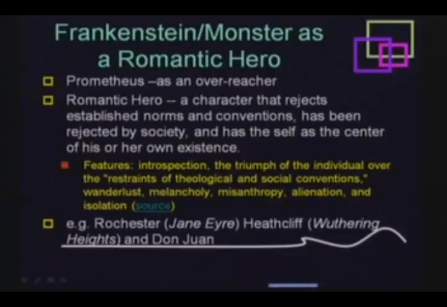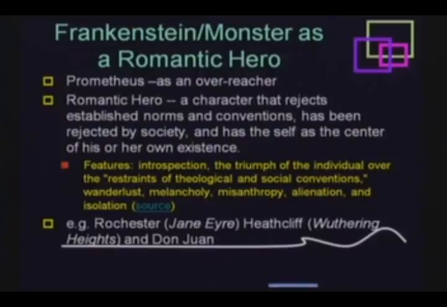So there is also the issue of isolation, like Frankenstein and the monster being isolated from human society and feeling alienated from society. And sometimes they suffer from misanthropy, they hate human beings.